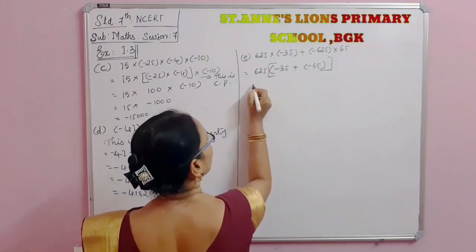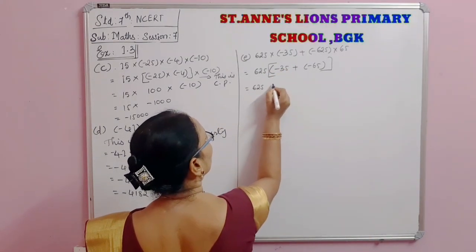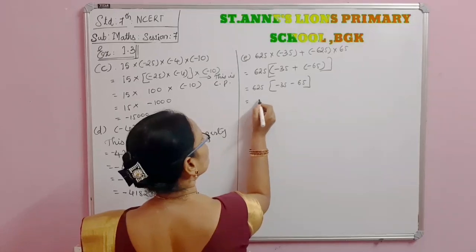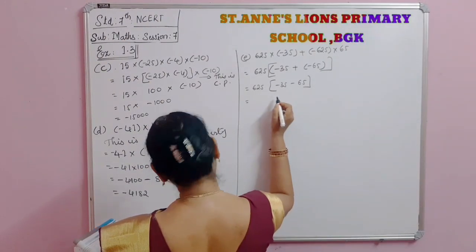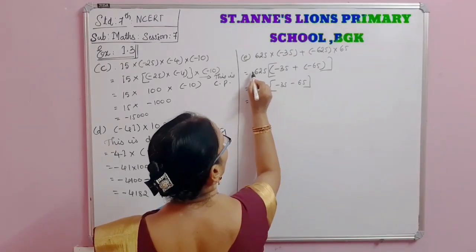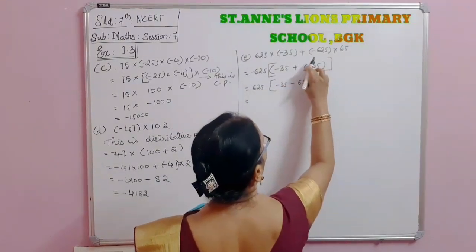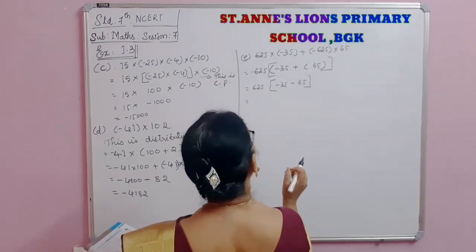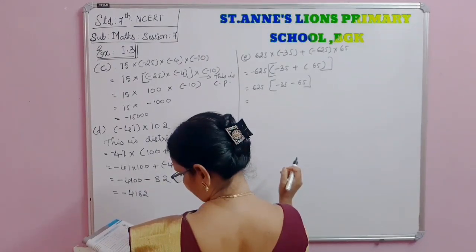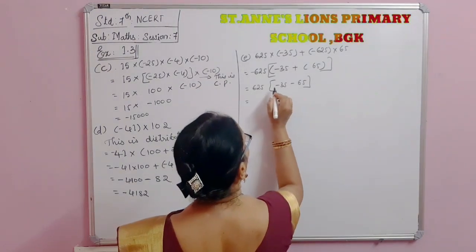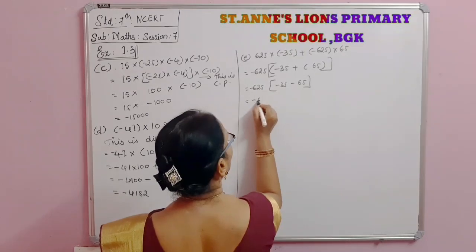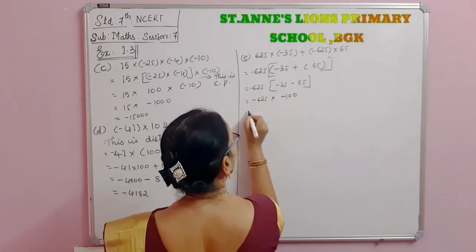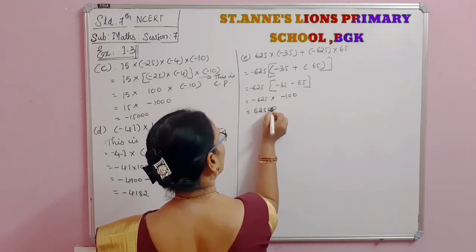So this is distributive. So 625 into minus 35 minus 65, so minus 625 into minus 100. So 62,500 is the answer.